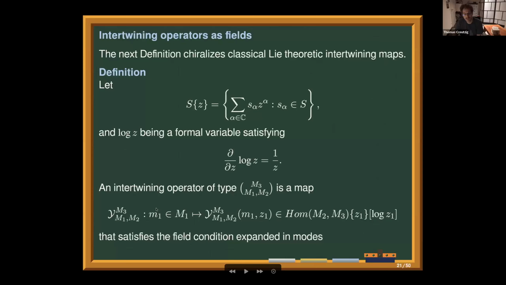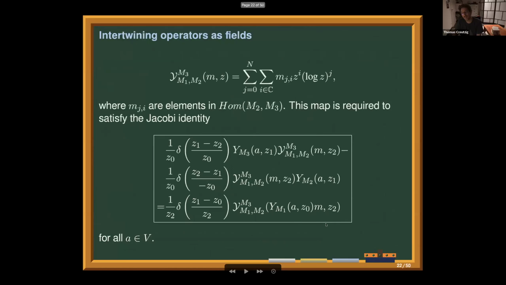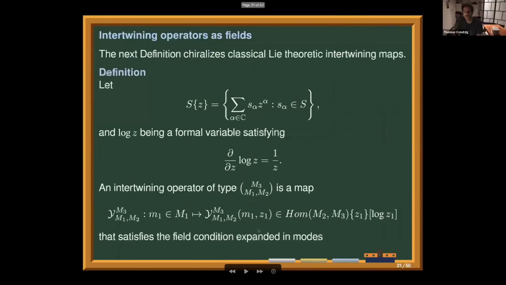You take a vector in the first module and associate to it a field, but now the coefficients of these fields are not endomorphisms anymore; they intertwine between M1 times M2 to M3. So there are homomorphisms from M2 to M3 associated to the element of M1.